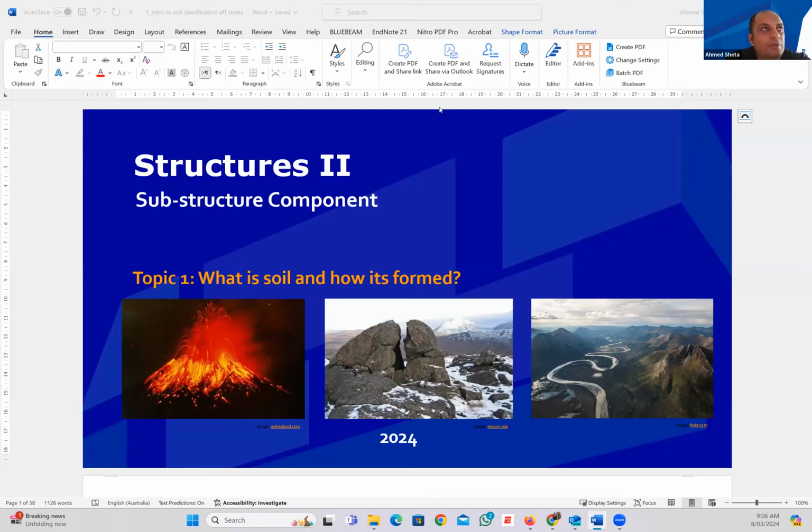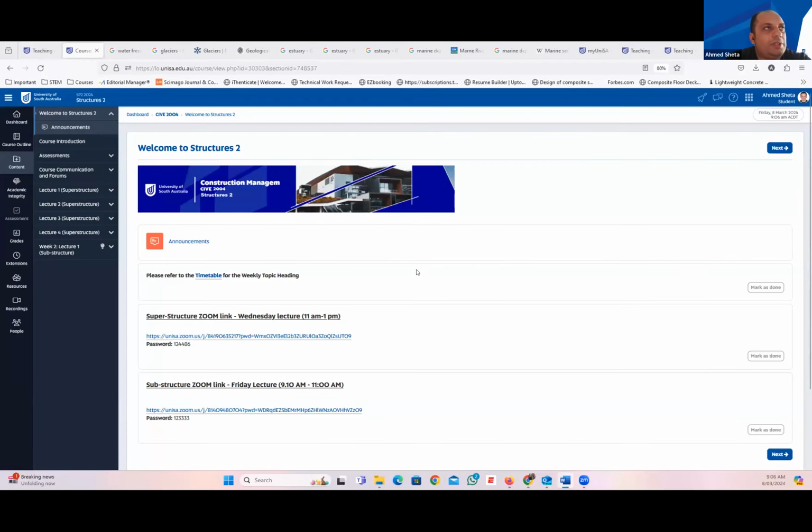During that, I will share my other screen, which is showing the website of the course, Structure 2. As you know, we have two components of this course, superstructure and substructure. Here are the two links for the Zoom sessions for the two lectures, and you can also see the timetable of the course.